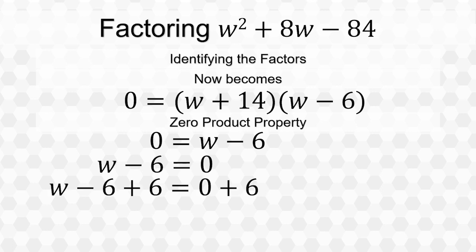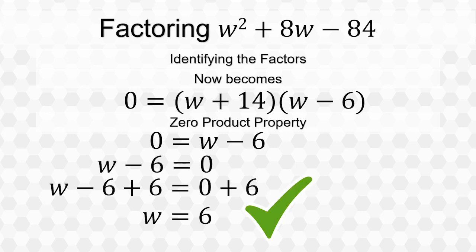This will give us w minus 6 plus 6 equals 0 plus 6. Simplifying further, we'll have w equals 6. Can we accept the solution now? Yes, 6 may be our answer.